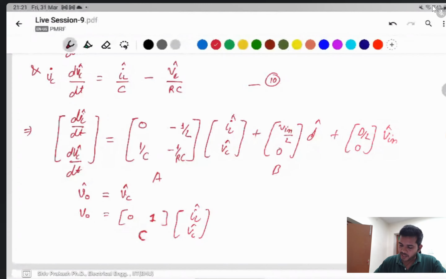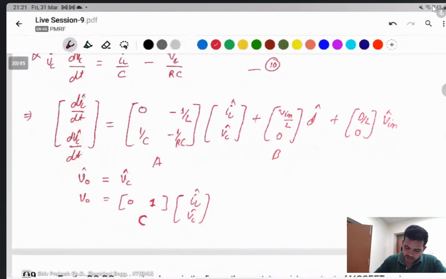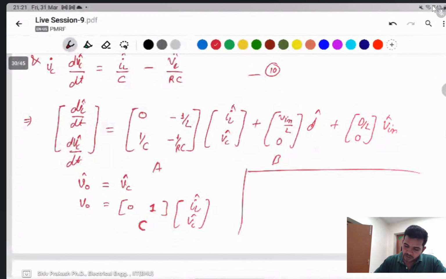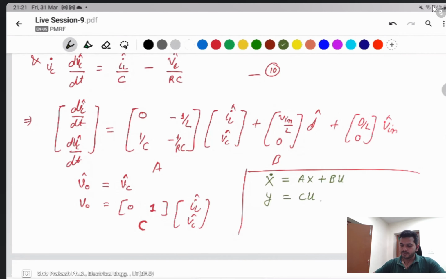This is the ABC matrix, and this one is the input matrix. In control system, the standard form is X dot is equal to AX plus BU and Y is equal to CX. The same thing occurs here.